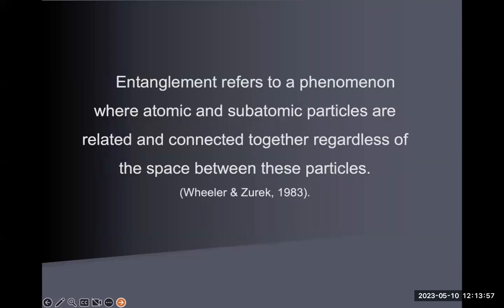The concept of entanglement from quantum physics offers further light on what might be occurring between human art conservator and the non-human art object. Entanglement refers to a phenomenon where atomic and subatomic particles are related and connected together, regardless of the space between these particles.